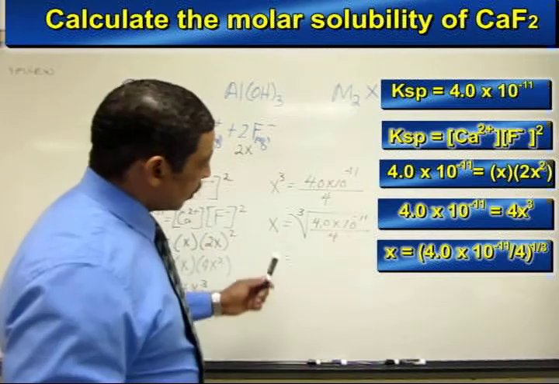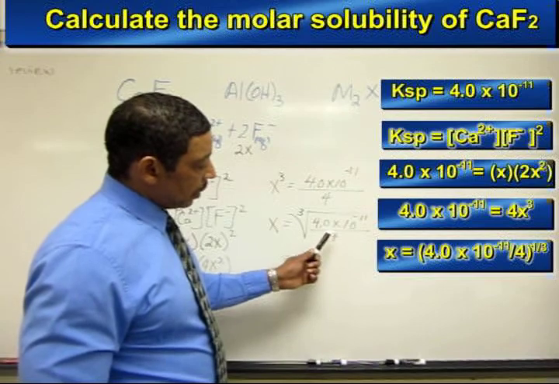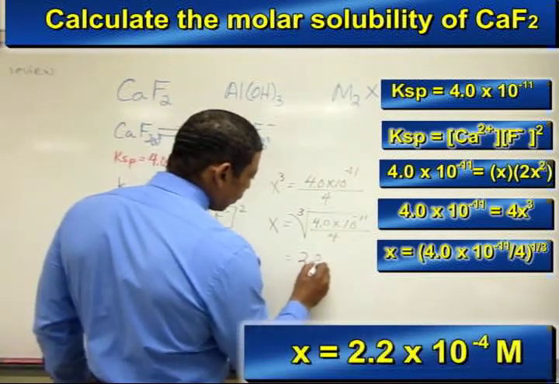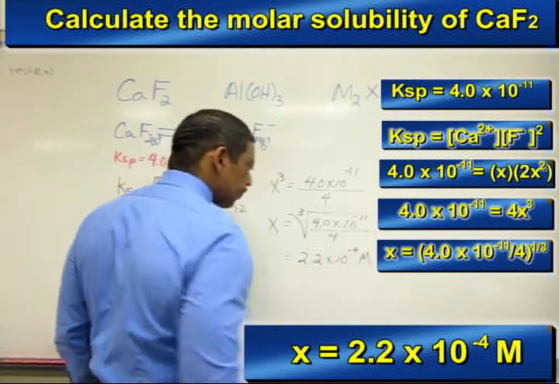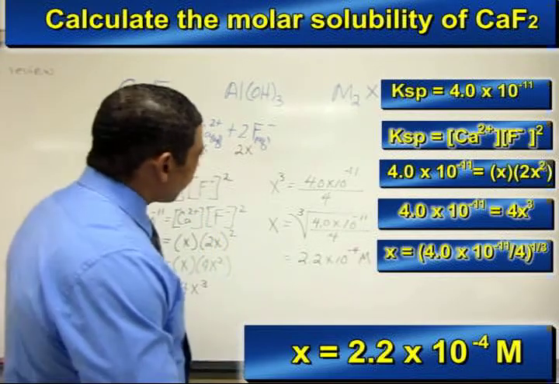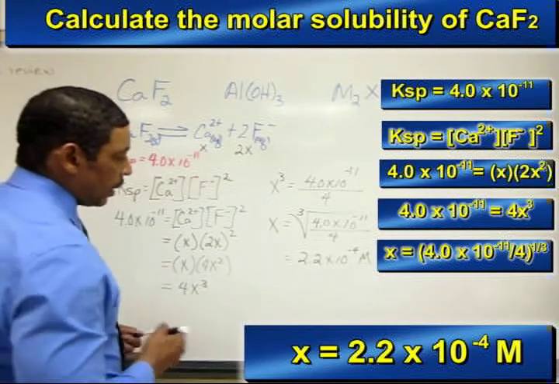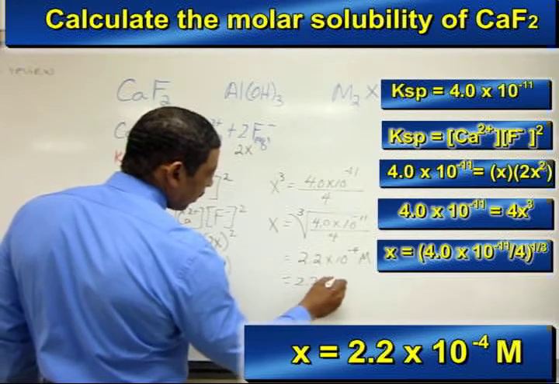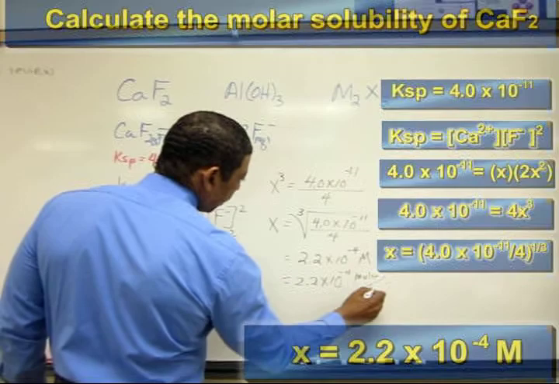And of course, the cube root of 4.0 times 10 to the negative 11 divided by 4 is equal to 2.2 times 10 to the negative 4 molar. So the solubility of the compound calcium fluoride is simply 2.2 times 10 to the negative 4 mole per liter of water.